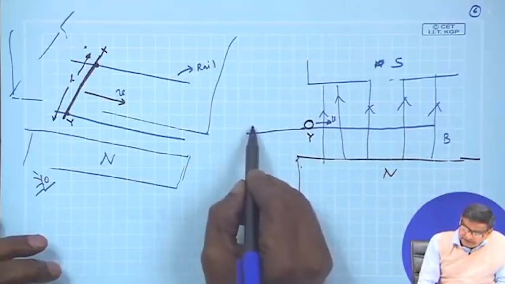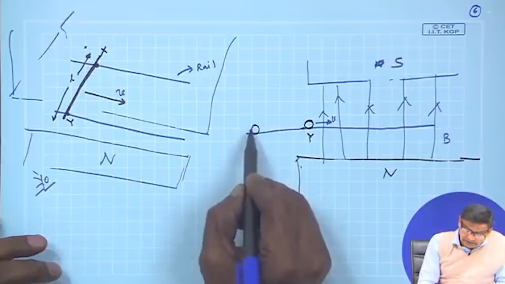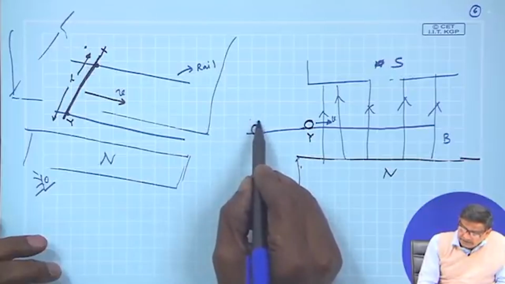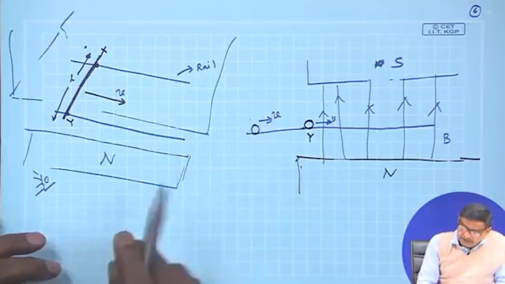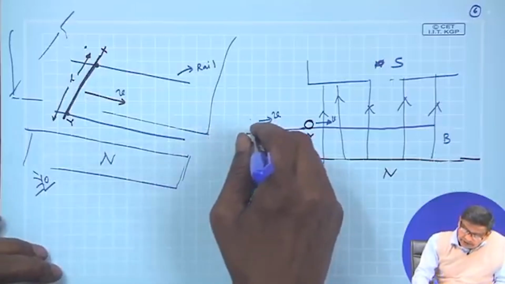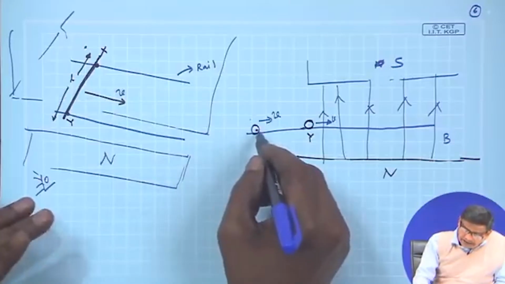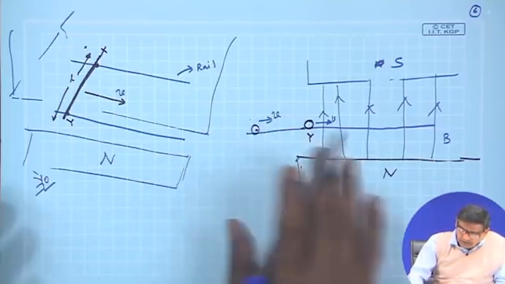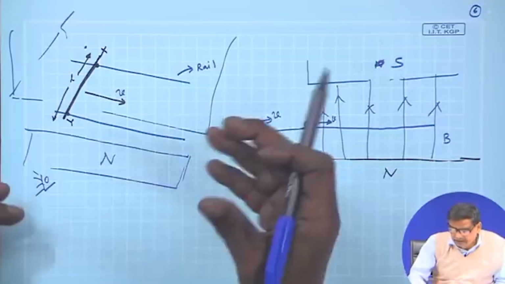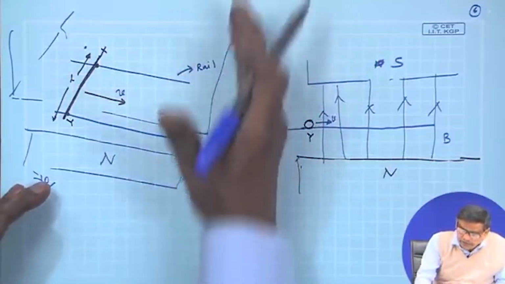Before that, this conductor on the track was here, still moving with velocity v, length of the conductor perpendicular to the paper. Will there be any induced voltage? No way, no induced voltage. V is there, length of the conductor is there, but there is no B.